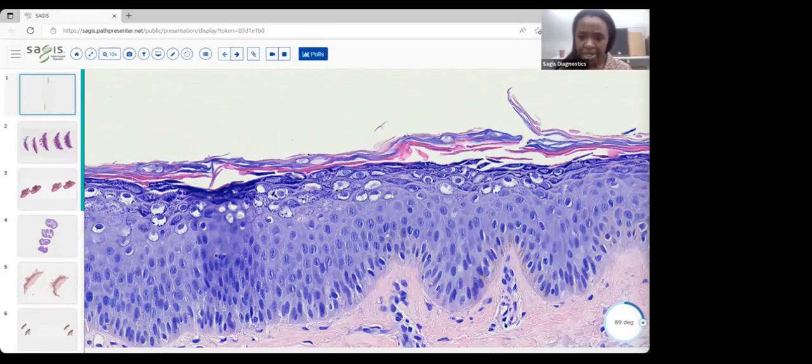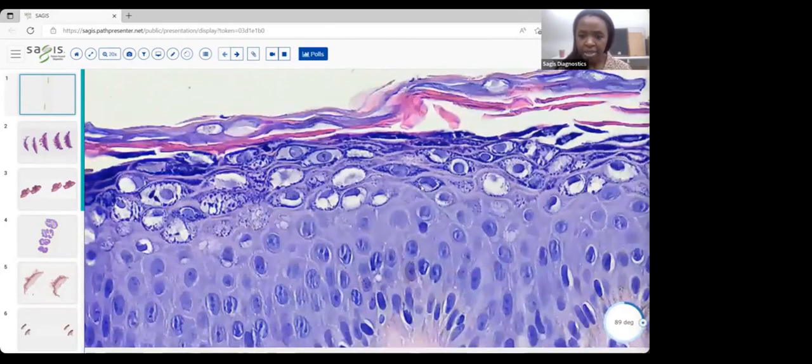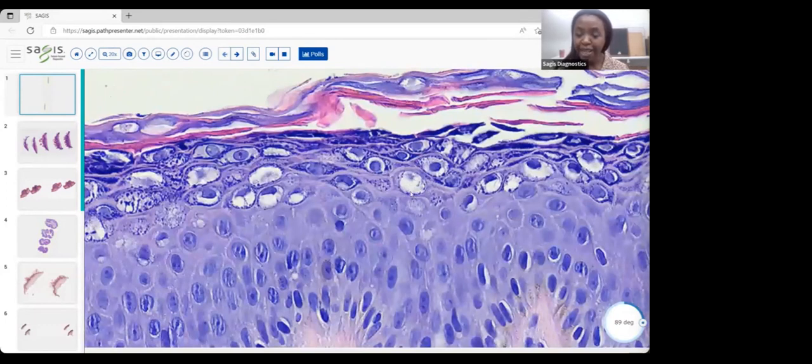In the cytoplasm itself, we may end up seeing something. It looks clear, but there's actually something there. These are koilocytes, and koilocytes are a consequence of viral infection. We call that viral cytopathic effect. The virus is too small for us to see individual viral particles with the light microscope, but we can see the effect of the virus being there.